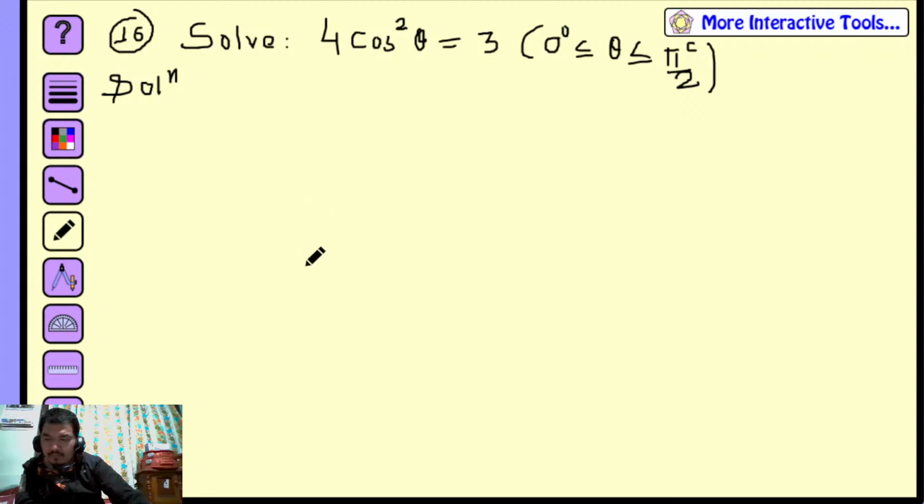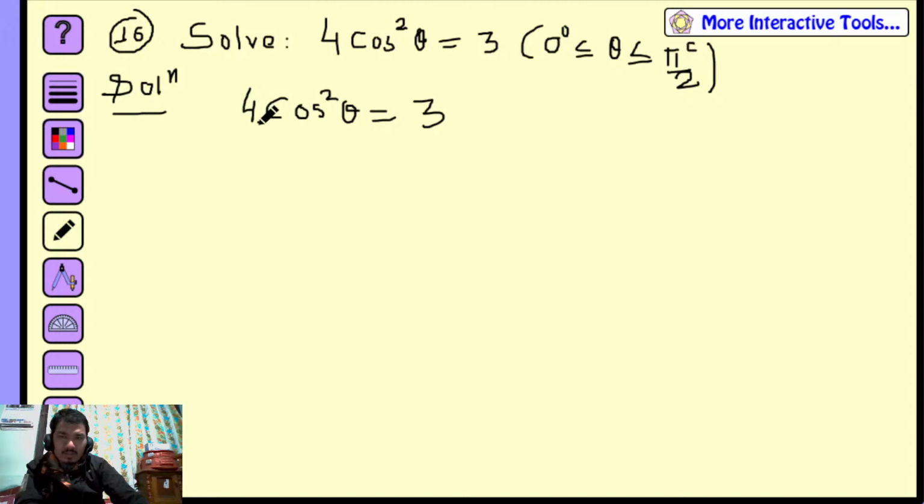Look here, children. First of all, write this trigonometric equation, 4 cos square theta equals to 3.